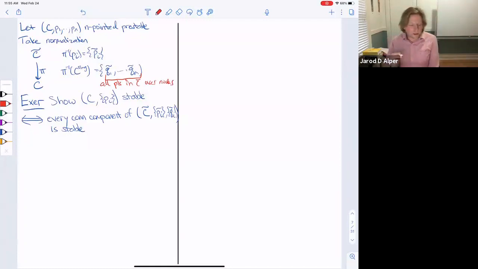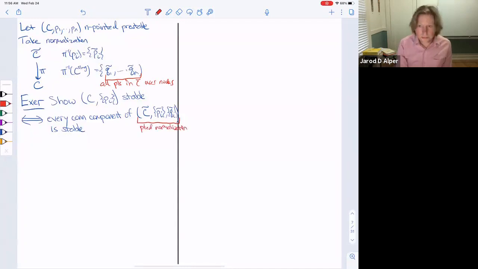And the first exercise that I suggest is to show that C is stable if and only if every connected component of the pointed normalization is stable. And rather than proving this, I'll just give you an example.